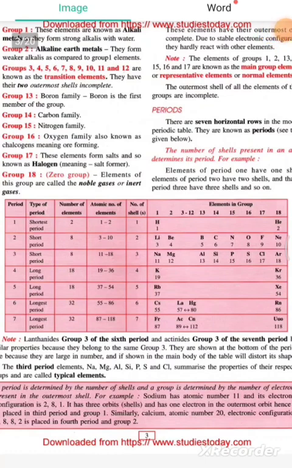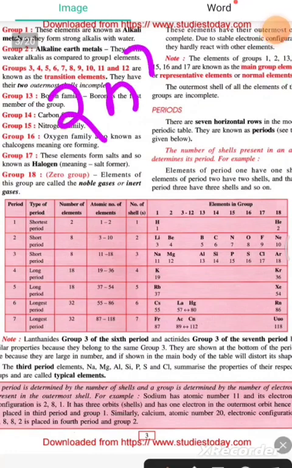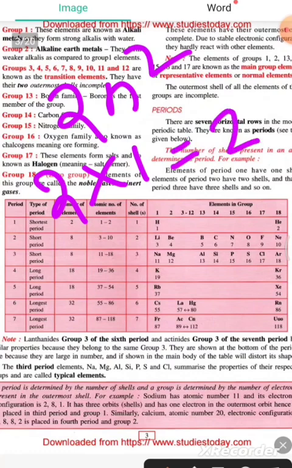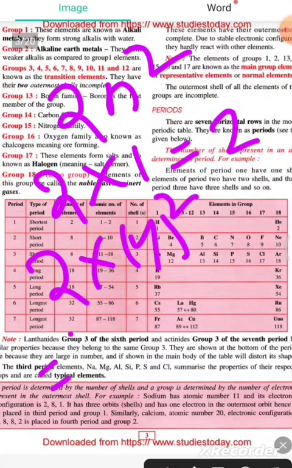You have already read it, but I will say it shortly. The 2n square rule, where n is the number of the period. For the first period, 2 into 1 square, that is 2. Suppose we see period 4: 2 into 4 square, that is 2 into 16, 32.